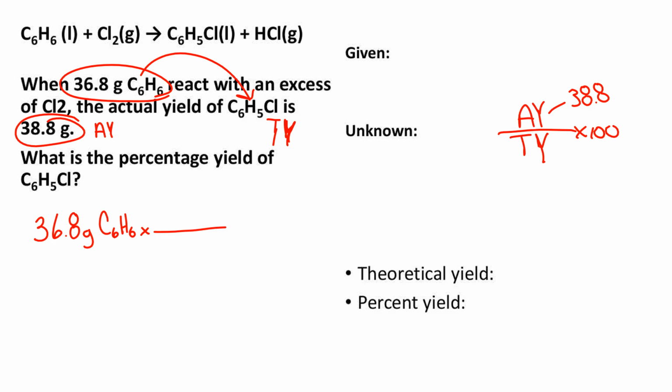I have to get it to moles. So for every 1 mole of C6H6, I'm going to have a certain grams of C6H6. So I need my molar mass there. I actually had 78.12 when I did it.